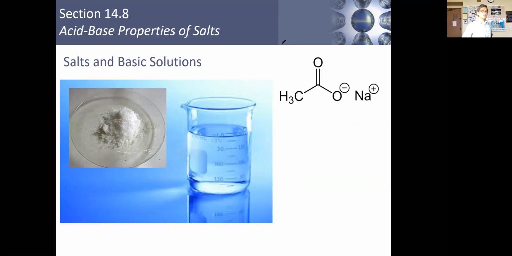The question I want to make sure you understand is this: if we have a solution of acetate ion, C2H3O2 minus, and we add that to water, it produces acetic acid plus OH minus.